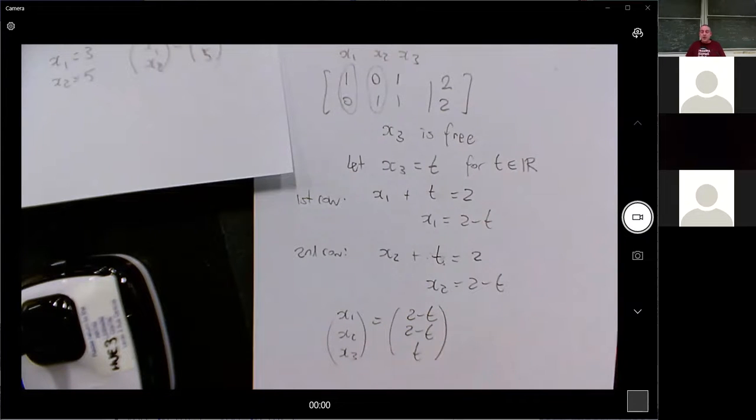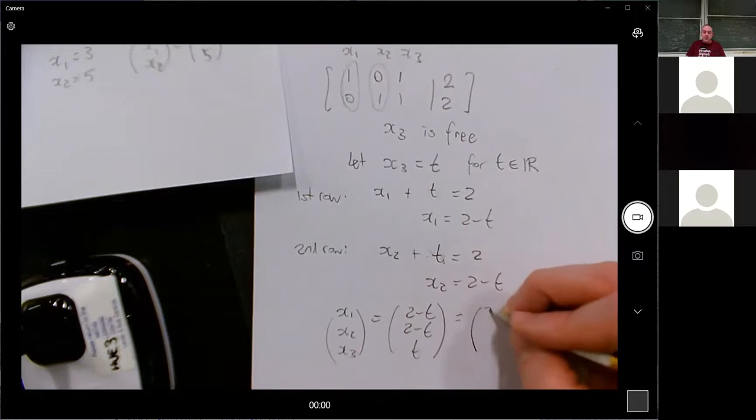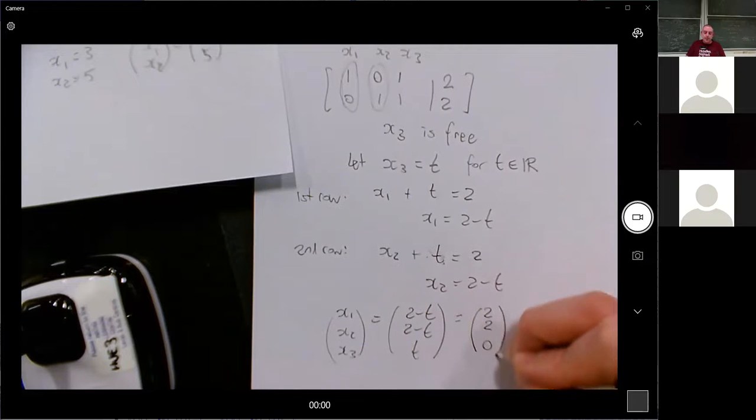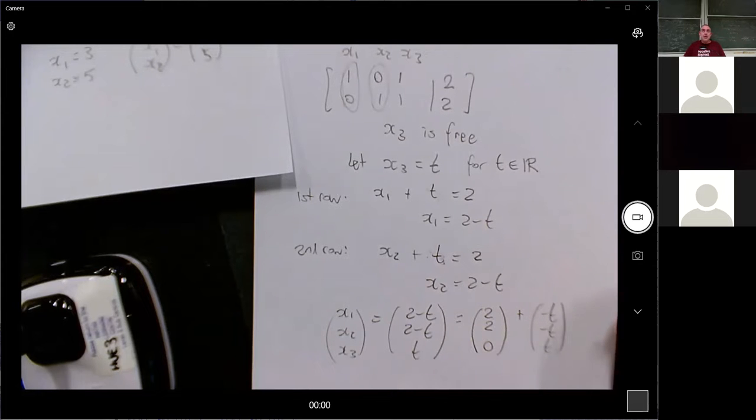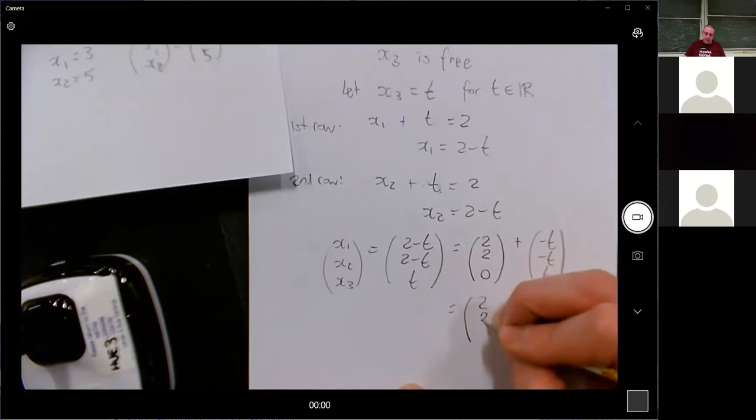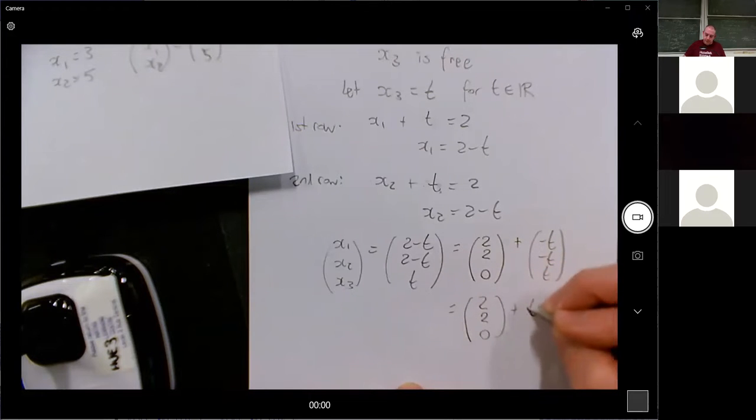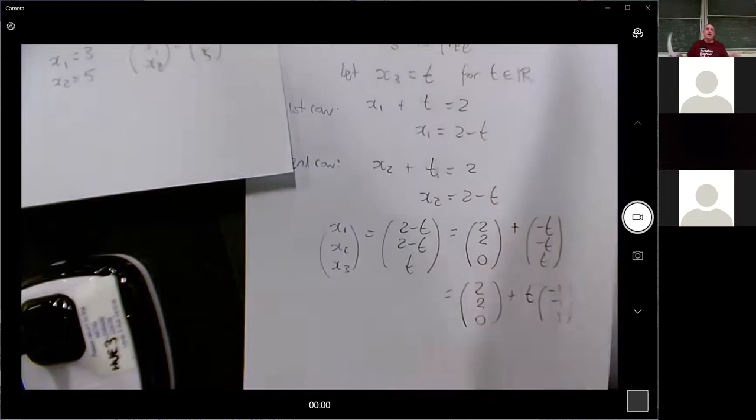And it's tradition to split this up into a vector with just the numbers and a vector with the t's. And to split it up one step further than that into this. Like that.